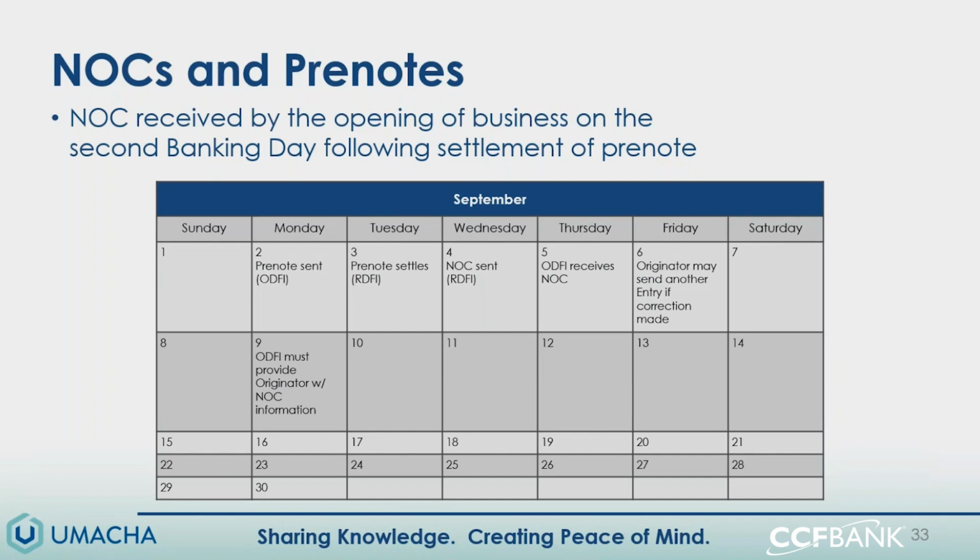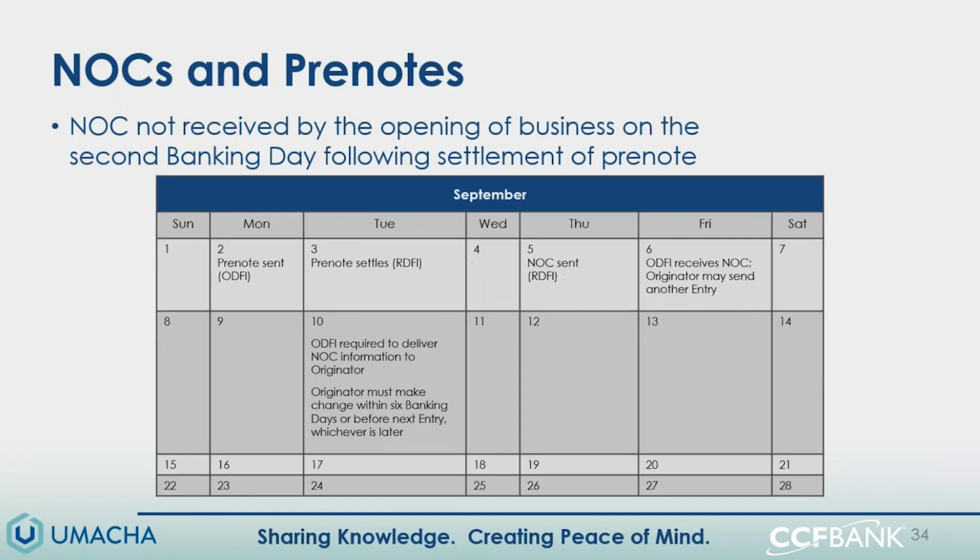So that's what we're talking about here, is if the originator doesn't receive it within that 2 banking days, they do have a little bit more time to make those changes. And this is showing where the NOC is not received by the opening of business. So we have a pre-note sent on Monday, settling on Tuesday. RDFI doesn't send that notification of change until Thursday.